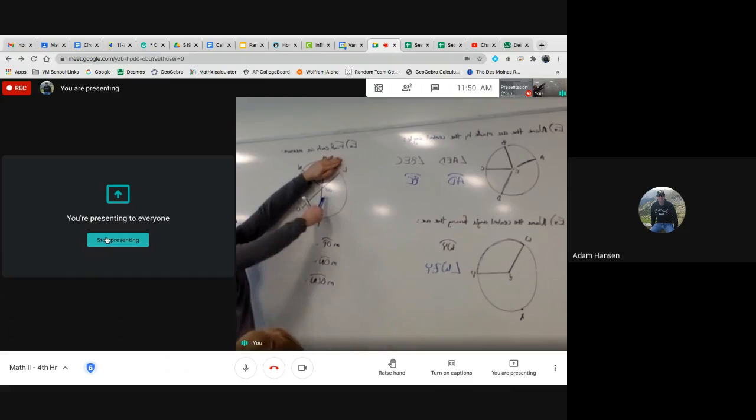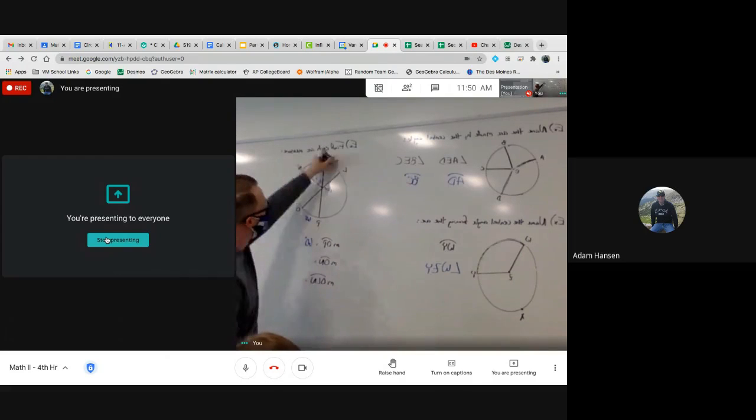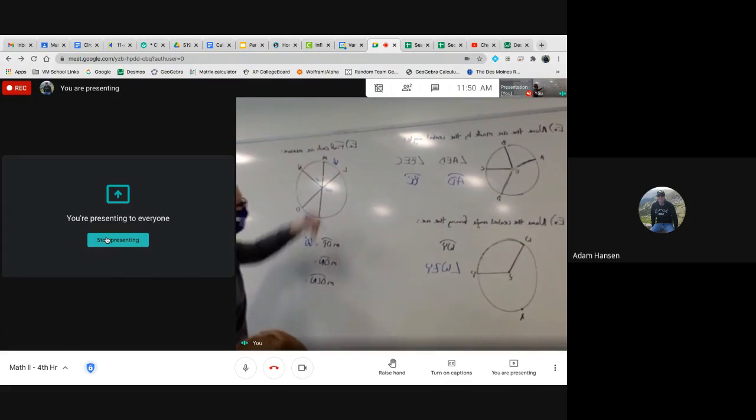So if the two arcs make 180 and one of them is 120, what's the other one have to be? 60 because it is just the difference. If the whole thing makes 180 and one of the two parts is 120, the other part is just 180 minus 120. So we'll put 60 here. I'll put 60 up on top too, since those have to be the same thing.